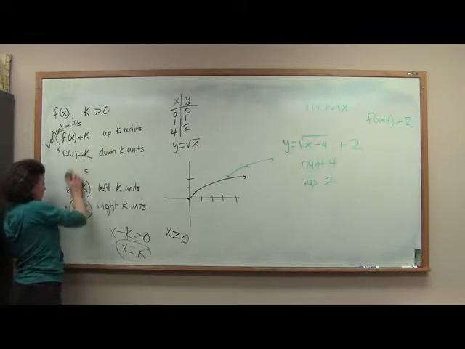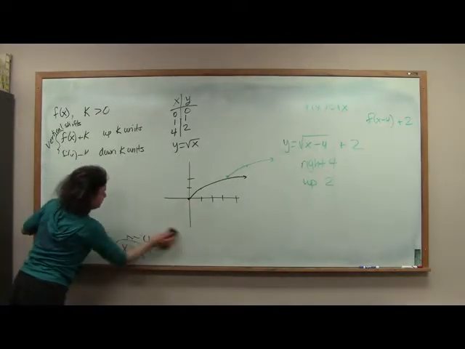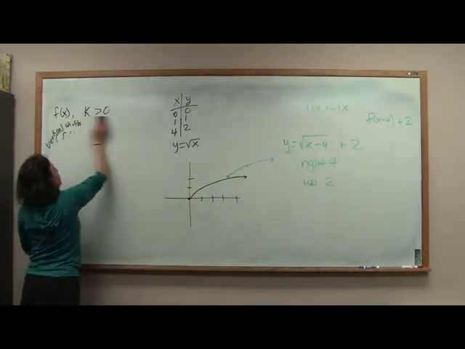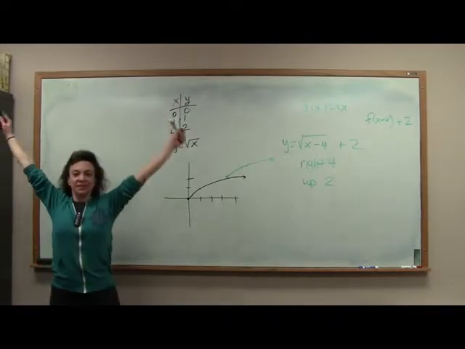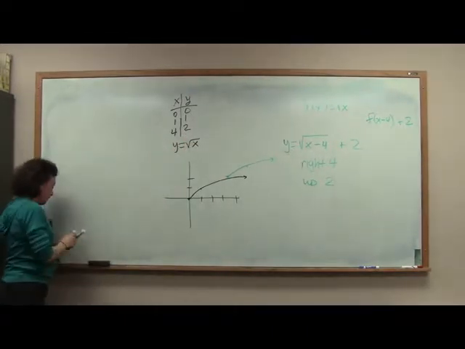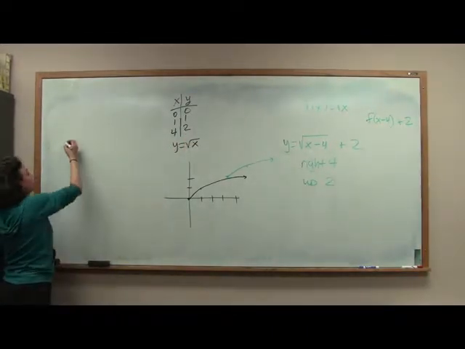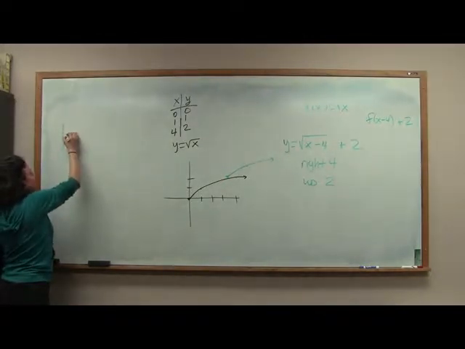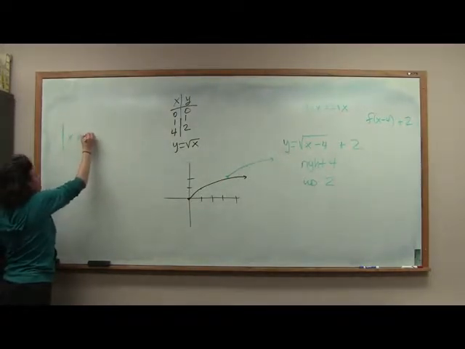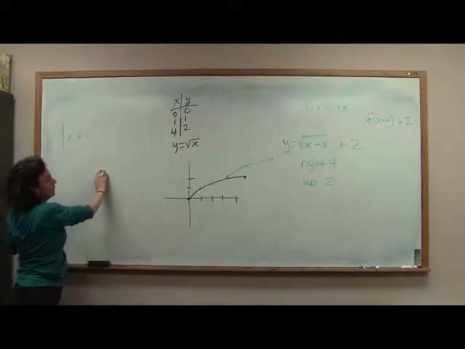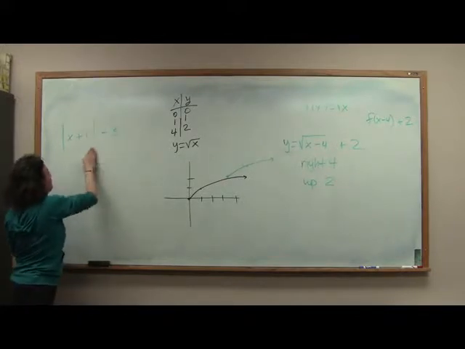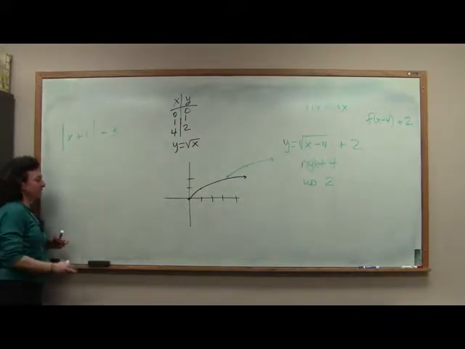In the last section, we graphed what the absolute value of x looks like. Remember, that's our v function. So, might as well play around with this. What if now we want to graph the absolute value of x plus 1, minus 3? Okay?